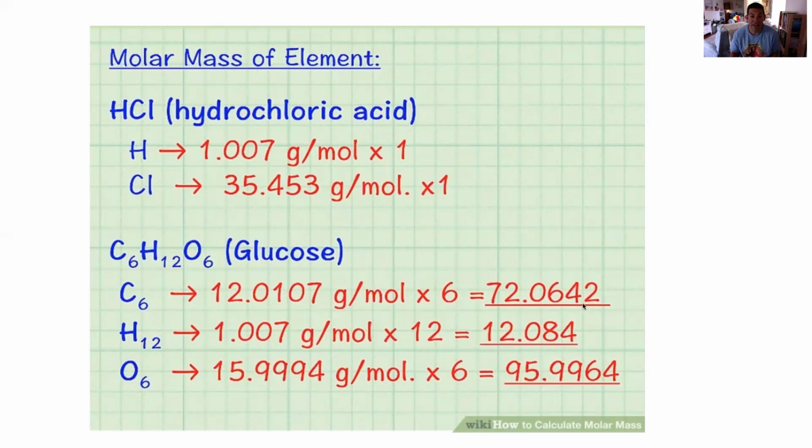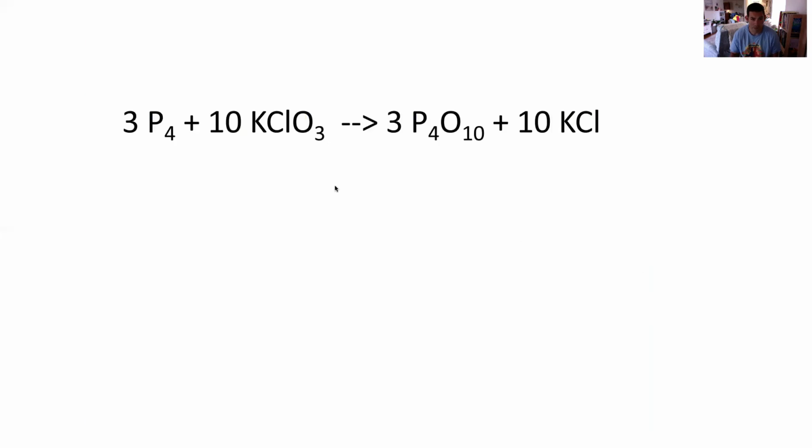You add that all up and you get 180. We have seen molar mass before. This is nothing new. I know it is a little bit of a review, but it should come back to you quickly. As long as you have a periodic table and a calculator out, you're going to crush these problems. Absolutely.